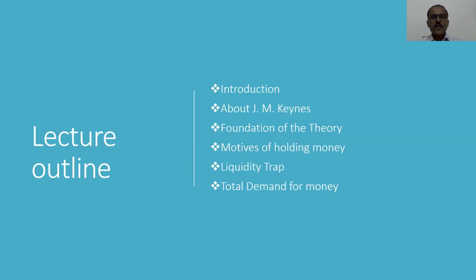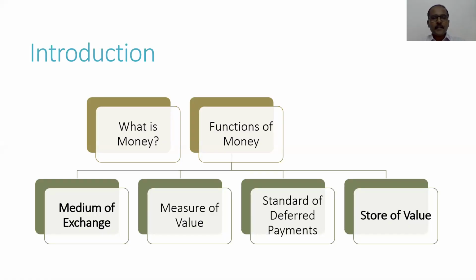So friends, let us start with the introductory aspect. As you see in this slide, we begin our session with the concept of money. What is money? It is defined in a unique way. Money is defined as money is what money does. It sounds very abstract.